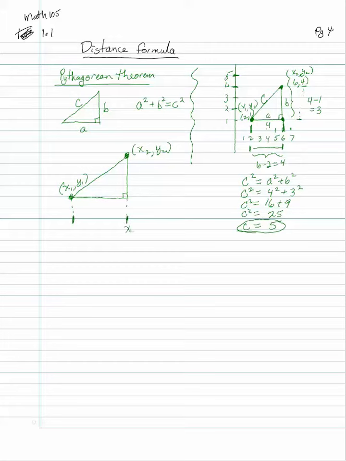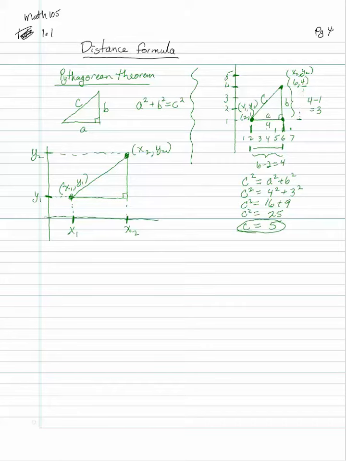So this is x sub 2 if we're on xy axis. This y coordinate is y sub 2. This x coordinate is x sub 1. And this y coordinate is y sub 1.